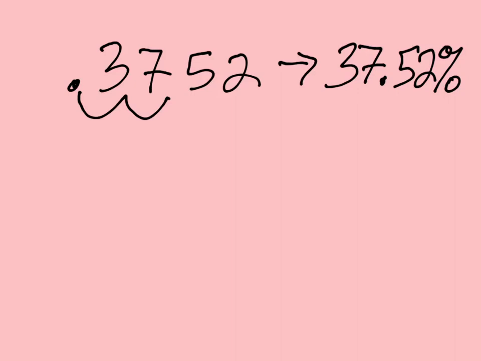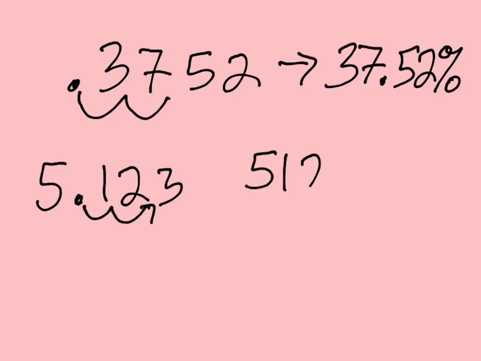And the last example is if I had, say, 5.123, then that would give me 512.3%.